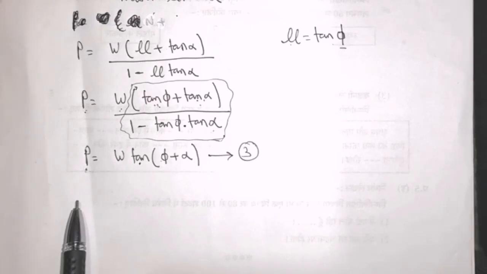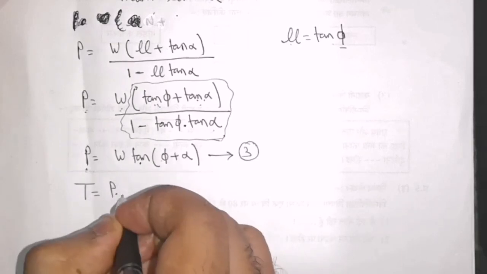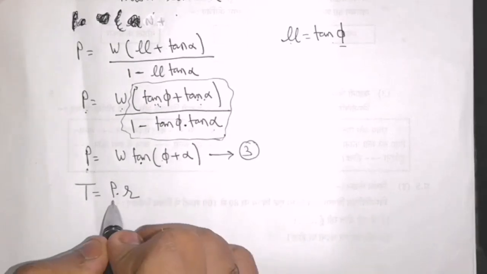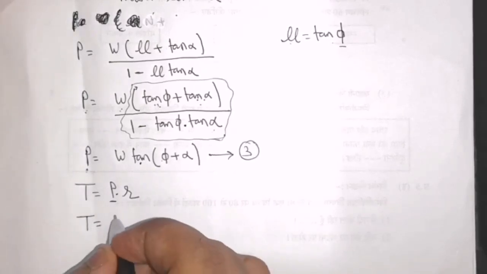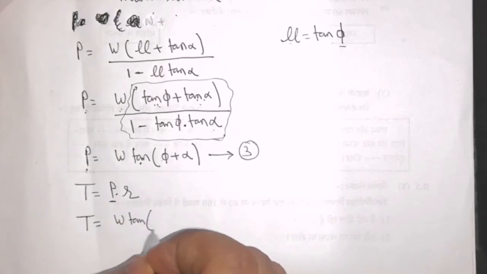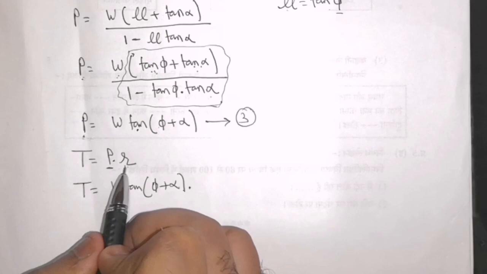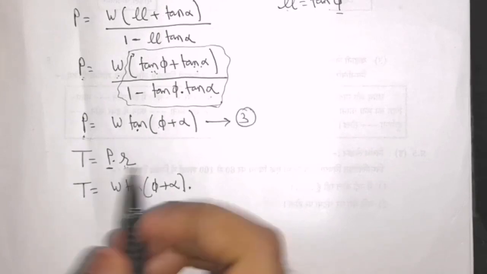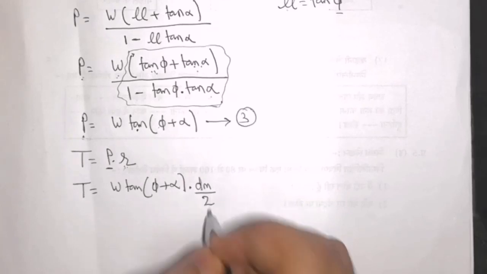We need the torque required to lift the load. So from basics we have torque is equal to P multiplied by R. The value of P, that is the force, we have already found out, so I will substitute it. So T will be equal to W tan of phi plus alpha multiplied by the mean radius, so I will write it as dm, that is mean diameter, divided by 2.